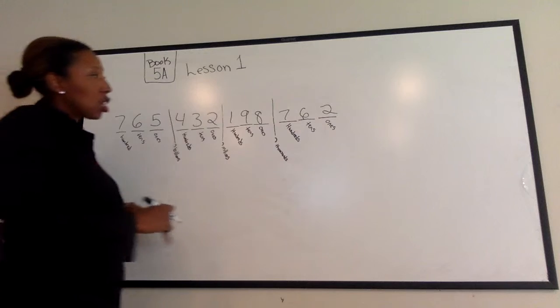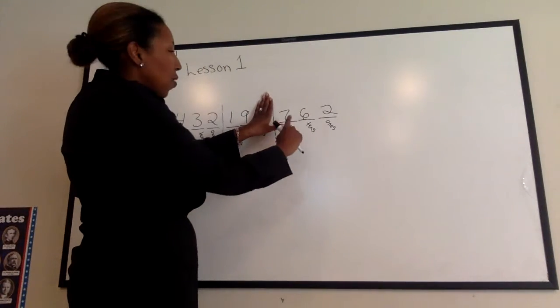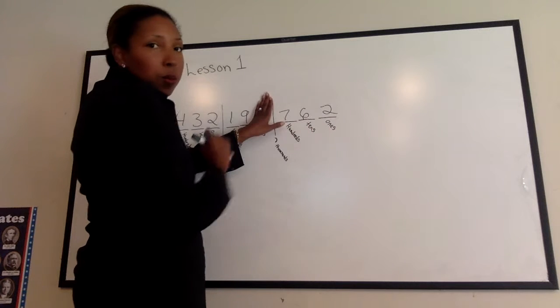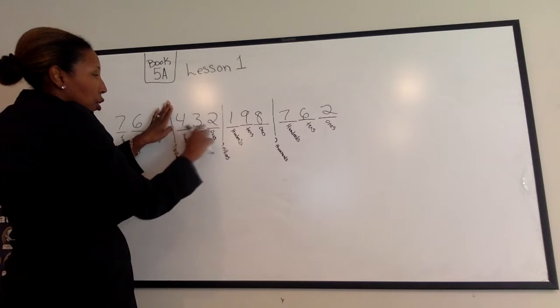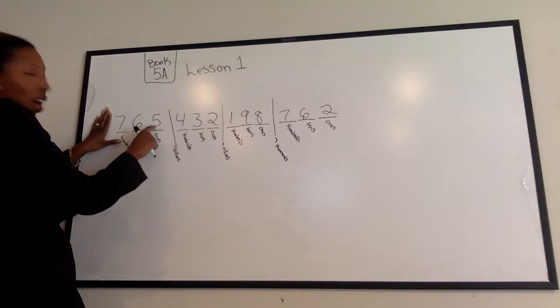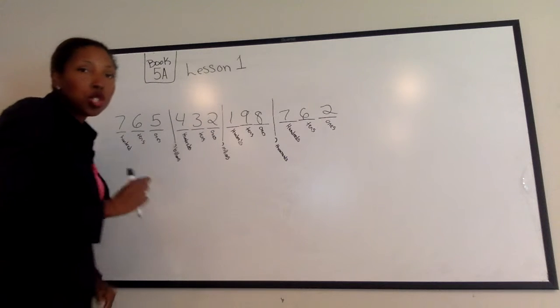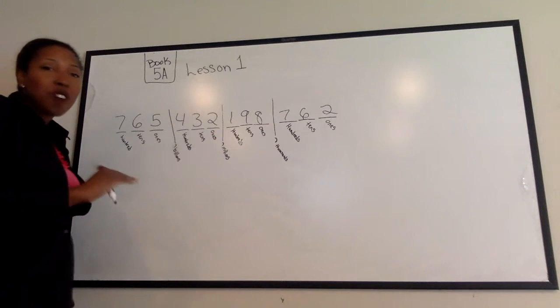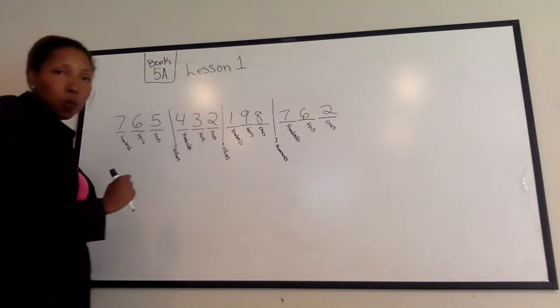So I look at this right here, and it's 762. If I look all the way over here, 432. If I look over here, 765. Over here, 198. As long as you can read that, then you will be fine because you use your little friends down here, the commas, to help you.